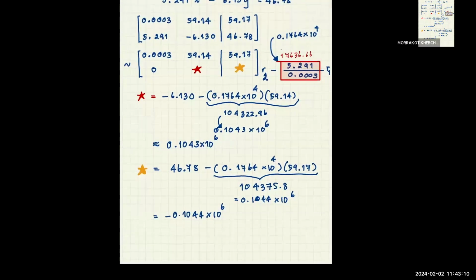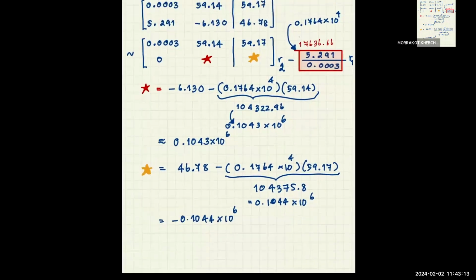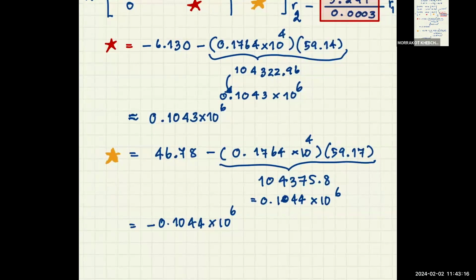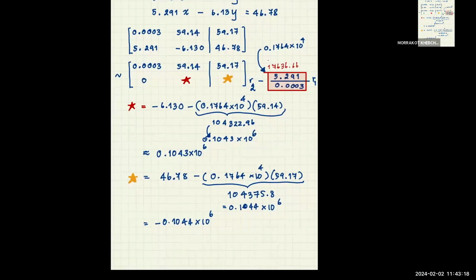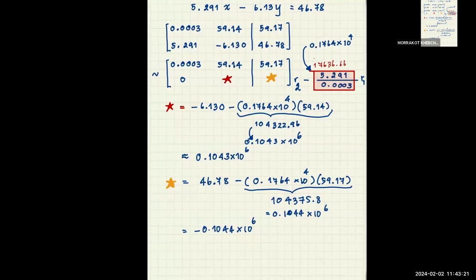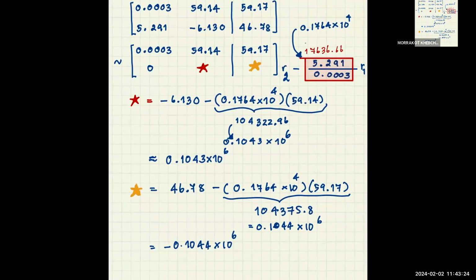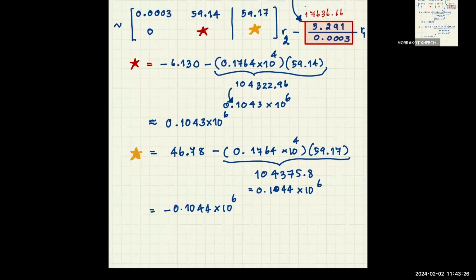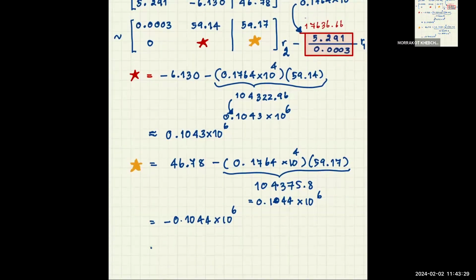Okay, now. So we will have the values for y, right? So the star is actually this part. So the equation to solve for y, we have 0.1043 times 10 to the 6 y equal to minus 0.1044 times 10 to the 6.